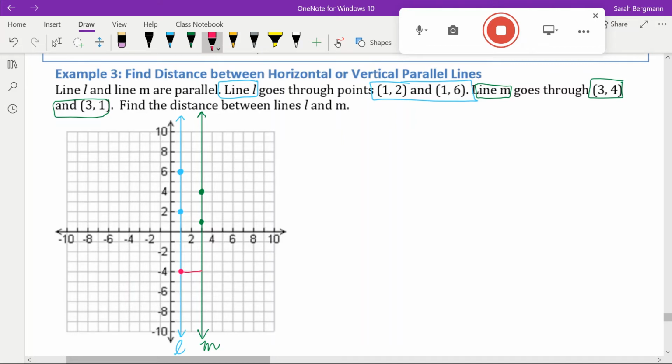So I'll just choose this perpendicular down here. I know a horizontal line is perpendicular to a vertical line. This horizontal line is 2 units. Therefore, my answer, line L and line M, have a distance of 2 units apart.